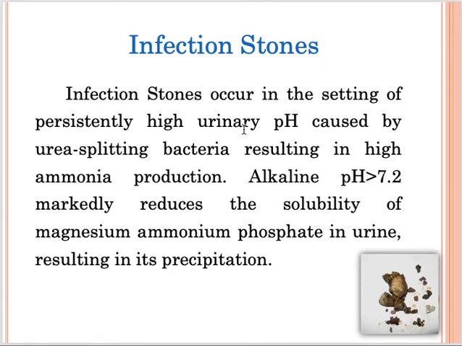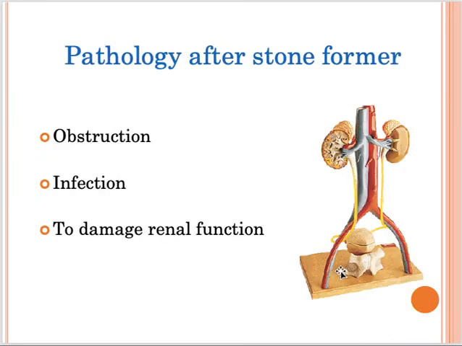What happens is, when someone has an infection, they have more alkaline urine, so they can have this. And these stones can be very, very large as well. And the same thing is with uric acid stones, and the same thing is with cystine stones.